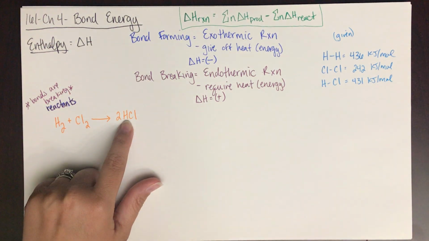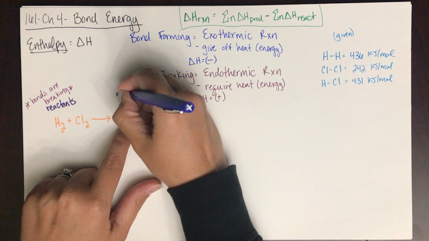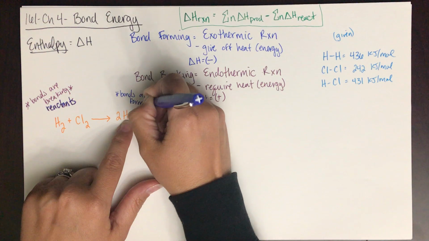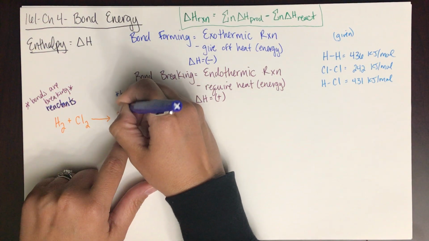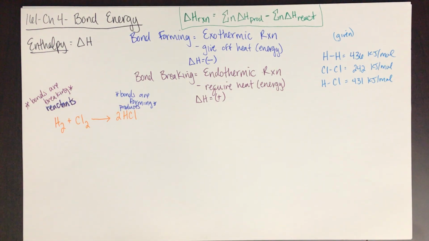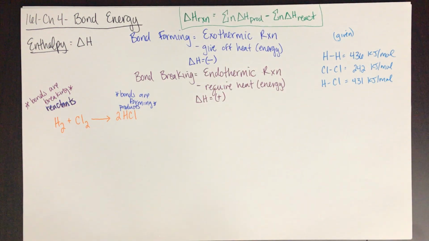Over here in the products, these bonds are forming. And these are products. Reactants, products. Okay, so we're going to write our little equation up here. It's the products minus the reactants.